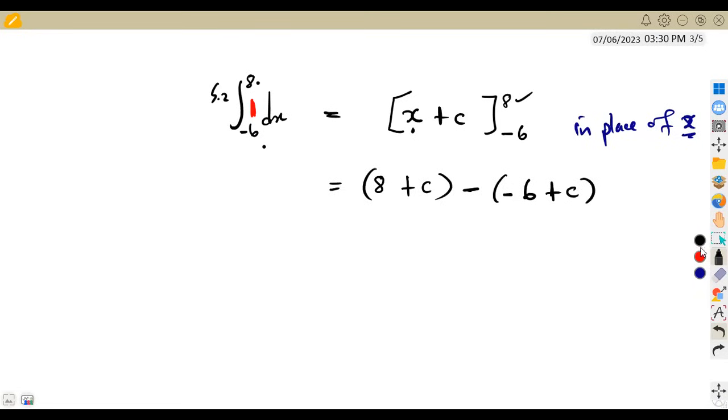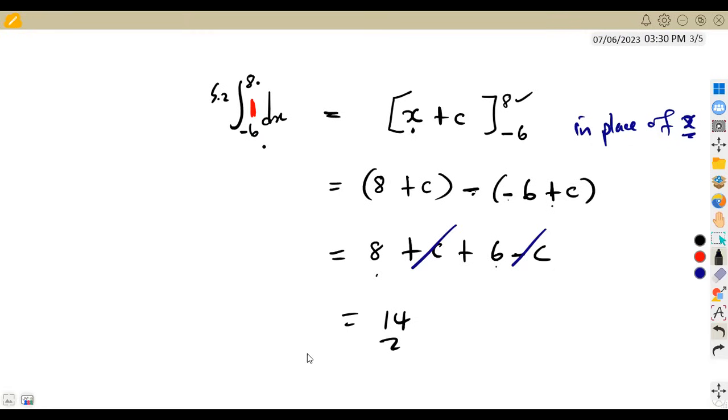All right, so you can simplify. If you simplify here, we are going to have 8 plus C minus and minus. This is going to give us a plus 6, and minus times plus C is going to be minus C. So as you can see, C and C cancel. You remain with 8 plus 6, which is 14. So we are going to obtain 14 in this case.